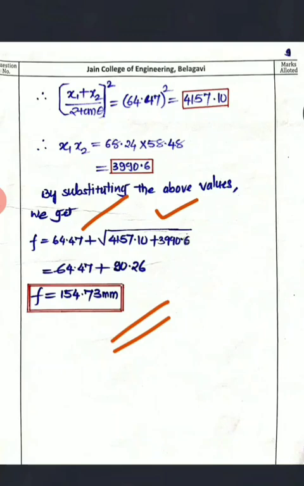Then part 2 was terrestrial photogrammetry, and a few derivations we saw there, derivation 1 and 2. This is part 3, where we have the remaining derivations of terrestrial photogrammetry and the problems we have solved. So part 2 and 3 are all about terrestrial photogrammetry.